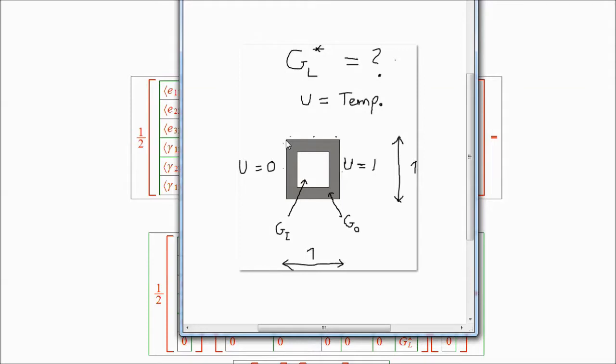Instead of solving the three-dimensional problem, we can solve a thermal problem which turns out to be equivalent by putting the temperature equal to 0 on the left vertical boundary, and equal to 1 on the right side.